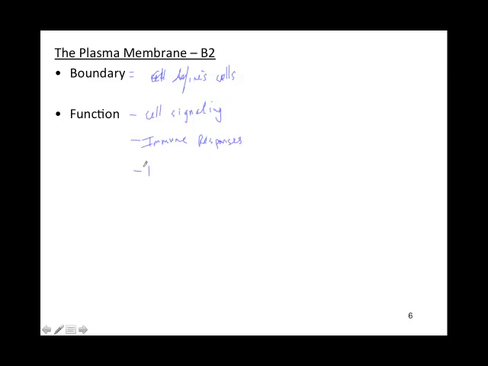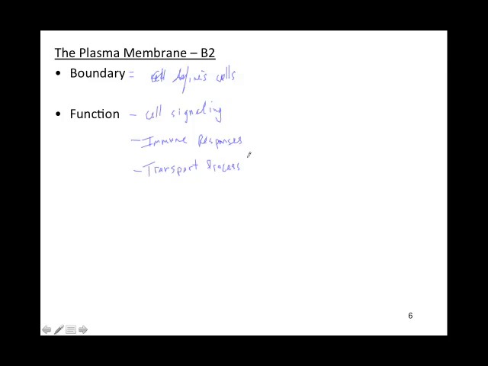And really important, it plays a big role in transport processes, which there will be a whole separate video on these transport processes. So transport processes would be the different mechanisms that are used by the cell to get things into and out of the cell.